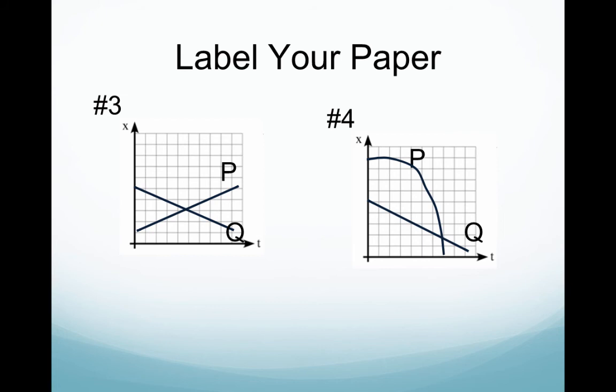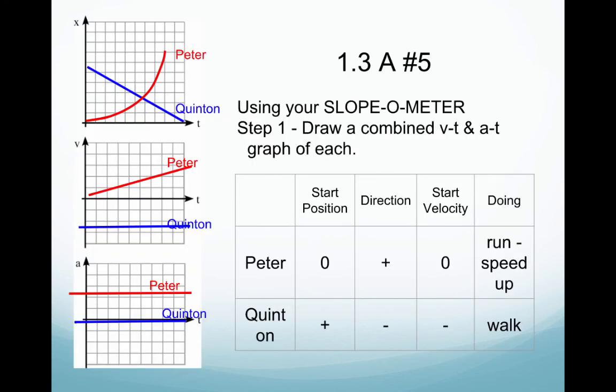Number 4, P is the curve and Q goes down. Number 5, P is the curve and Q is the line going down. And finally, number 6, P is the curve from the top, Q is the curve from the bottom. So let's do number 5 together.